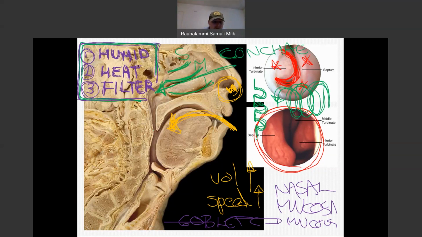Just as a side note, one structure that we mentioned before in the class, and we haven't really spent too much time on, I just want to point it out from this diagram. What we see here is the opening of the auditory tube. So this is the anterior opening of the narrow passageway, sometimes called also Eustachian tube or pharyngotympanic tube, and that runs to the middle ear.